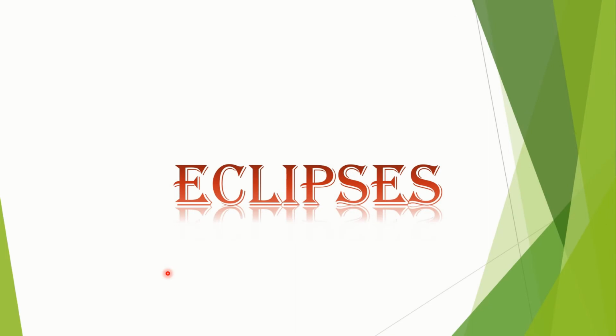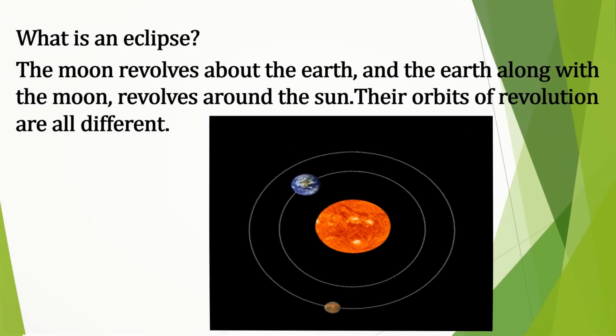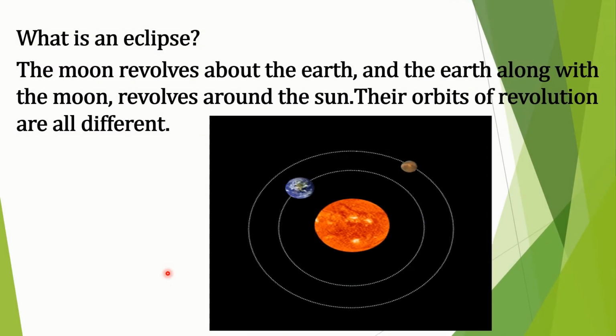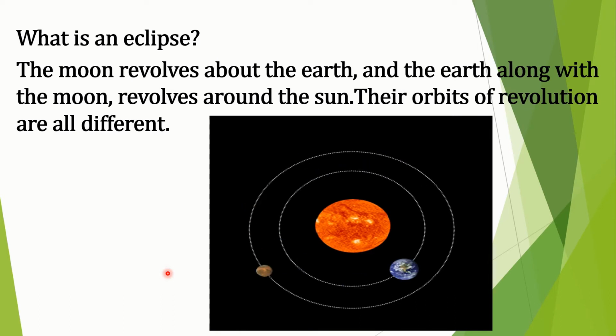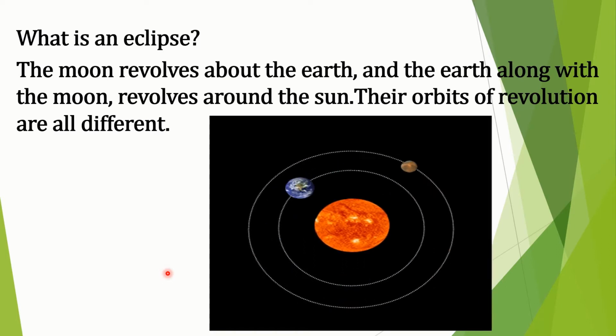Now next we will understand about eclipses. Students, what is an eclipse? The moon revolves about the earth and the earth along with the moon revolves around the sun. Their orbits of revolution are all different.